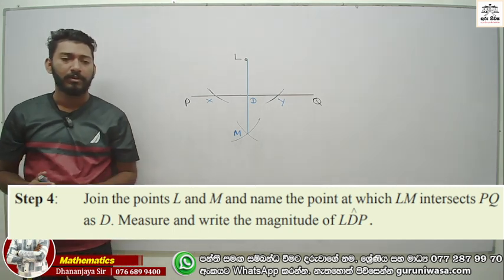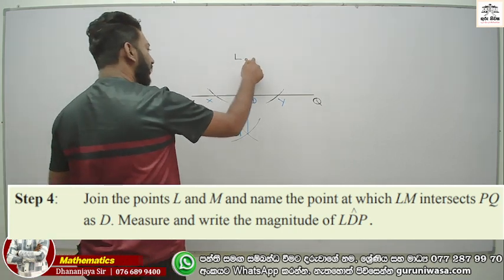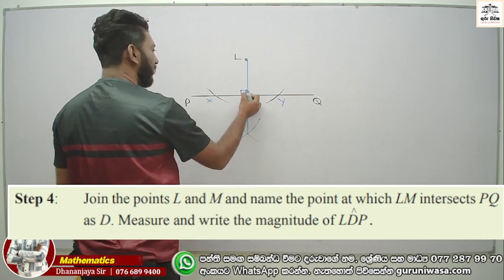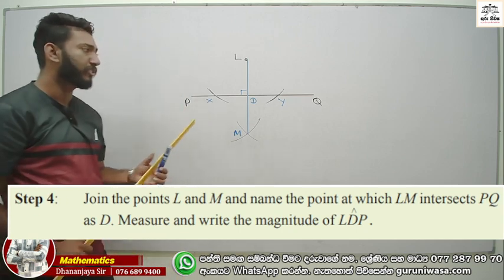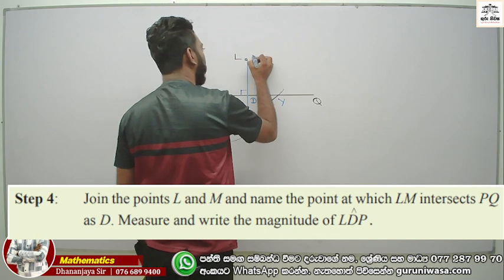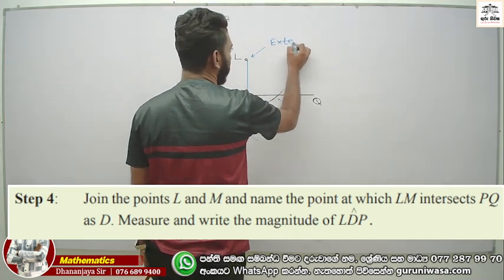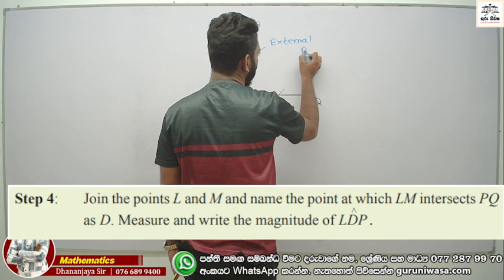Now measure and write the magnitude of angle LDP. It should be 90 degrees. Therefore, this is the perpendicular drawn from the external point. External point.